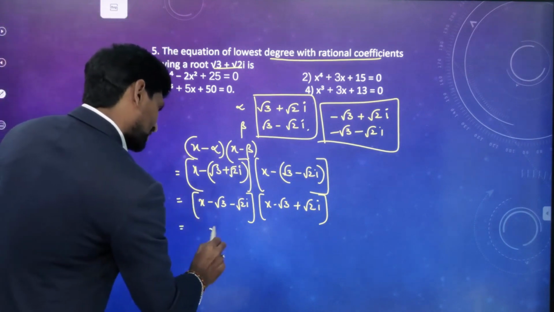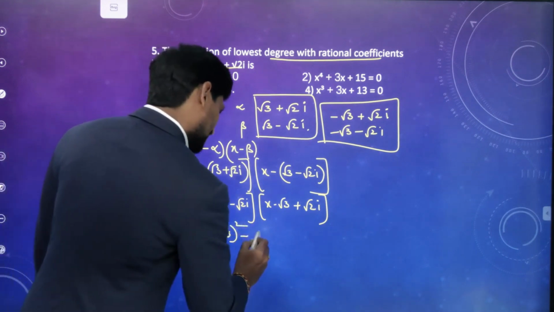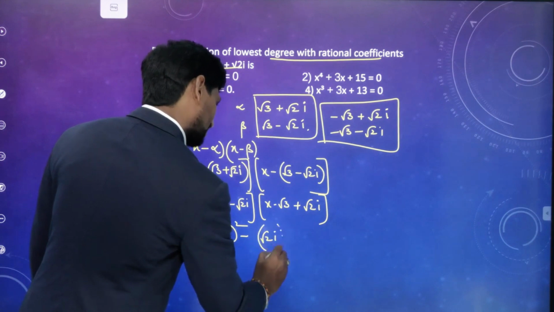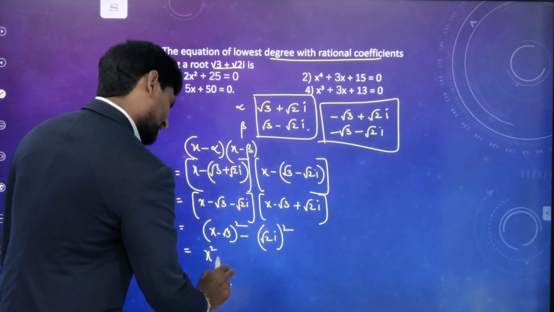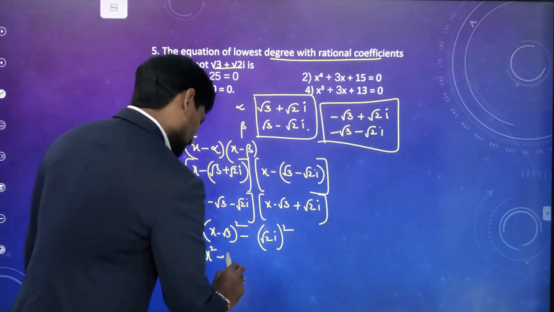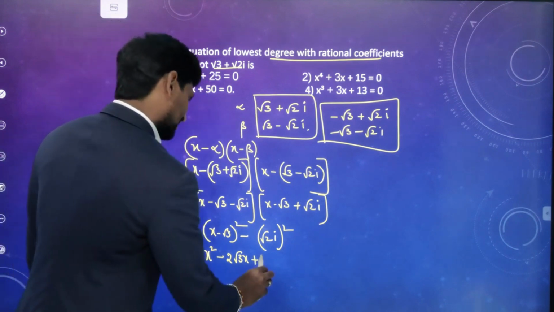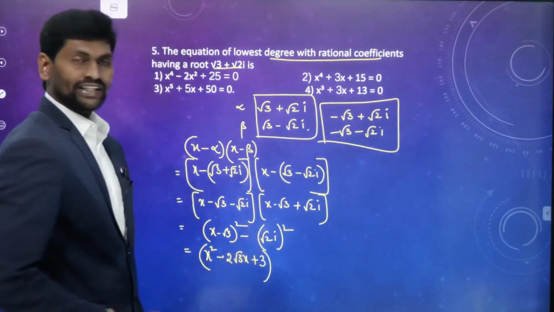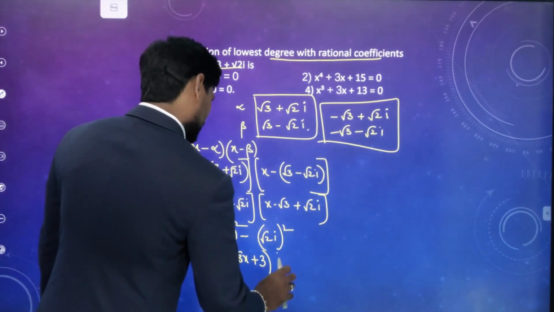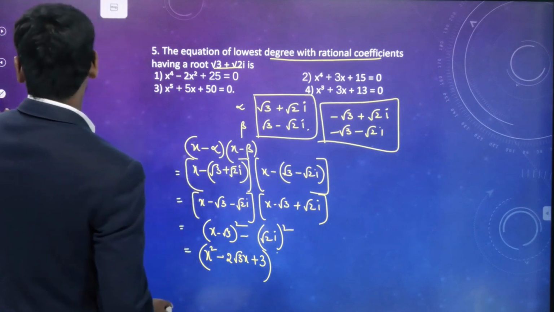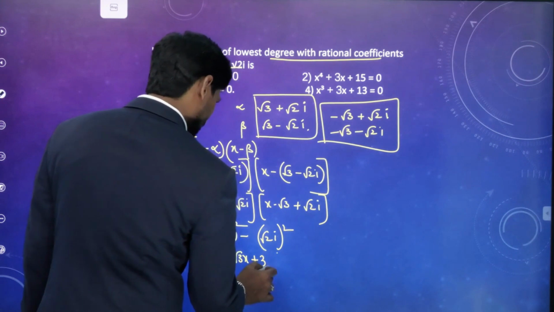That is a square, x minus root 3 whole square, minus b square, root 2i whole square. So apply the a minus b whole square formula here. A square means x square, minus 2ab, that means 2 root 3 into x, plus b square. Root 3 whole square means 3. So x square minus 2 root 3 x plus 3, minus, the minus symbol is still there.